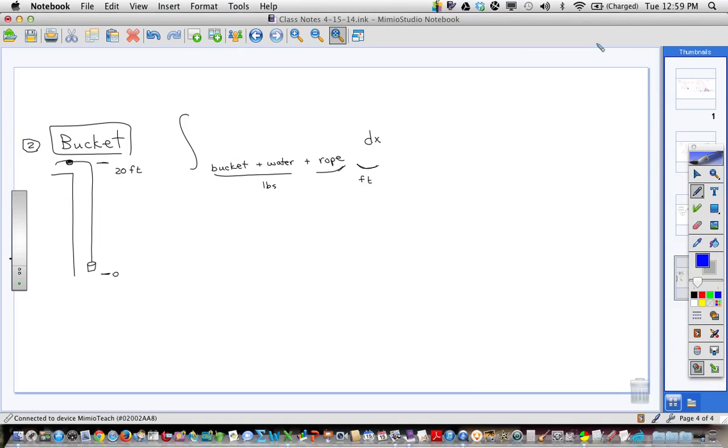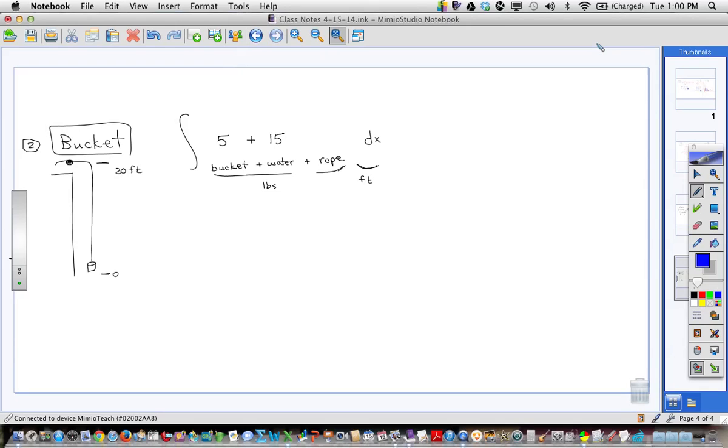Now, let's say it's a 5-pound bucket. And let's say there is 15 pounds of water in the bucket. So we could have added that together and just called it 20 pounds.